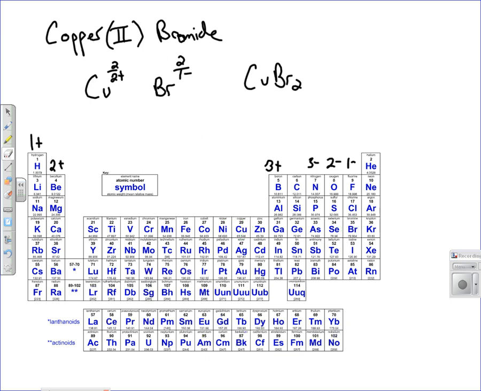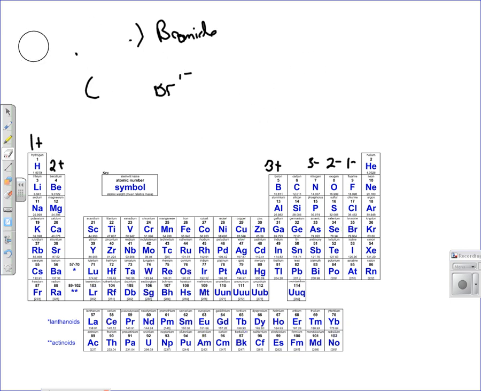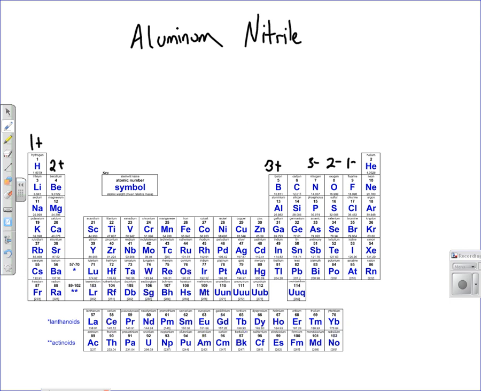Let's try another, where in this case we do one with a polyatomic ion. Polyatomic ions have different endings than -ide. So let's suppose we did aluminum nitrite.